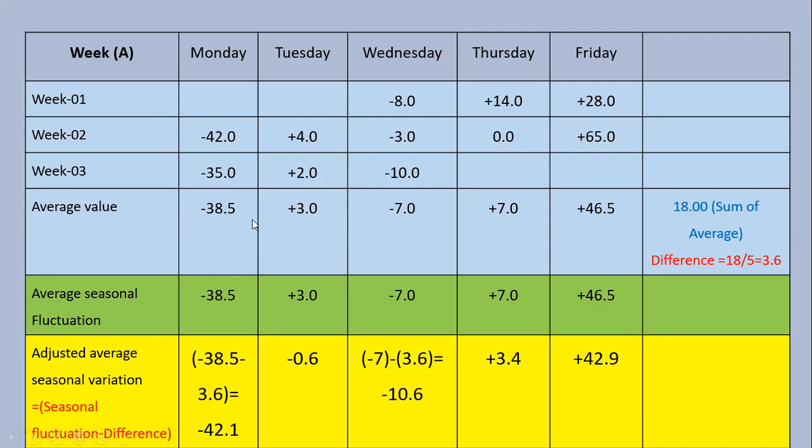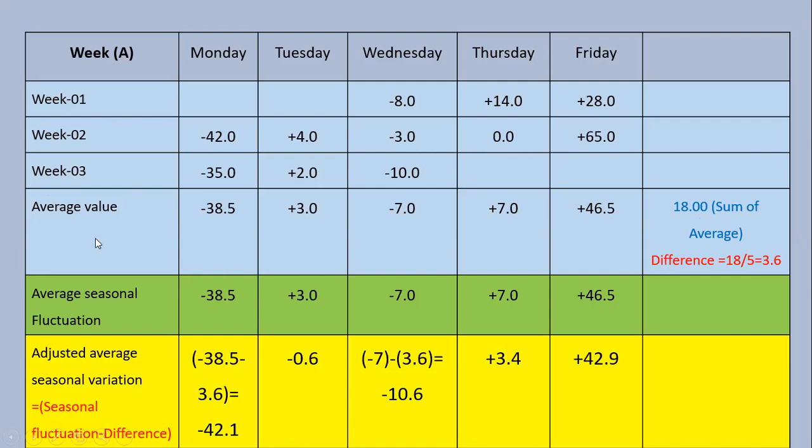Then we get the sum of these average values, and we call this the difference. Sum of average is 18. Here you know the average; sum of average means the summation of these values, and the difference means it is divided by 5. There are 5 columns, so 3.6 is the difference value.